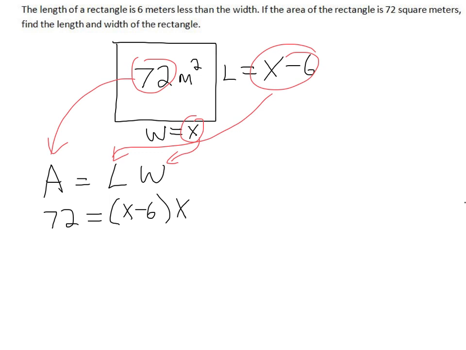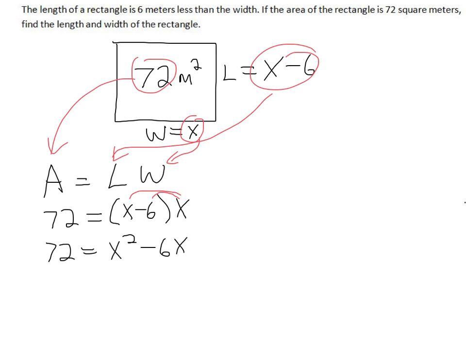What we're going to do is try to solve this equation. We will start off by doing simple steps, for example, distributing through parentheses. 72 equals x squared minus 6x. Now this is an x squared polynomial equation, a quadratic equation.